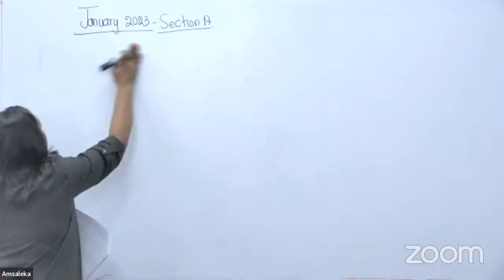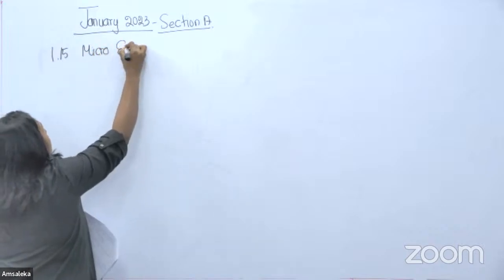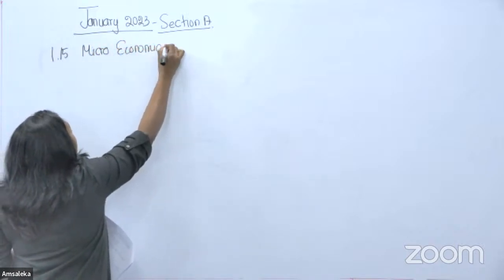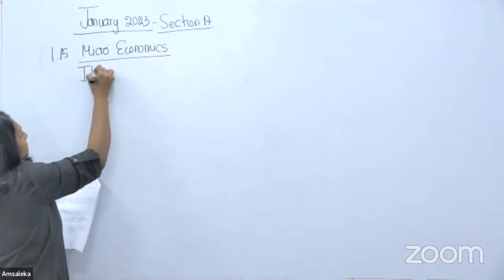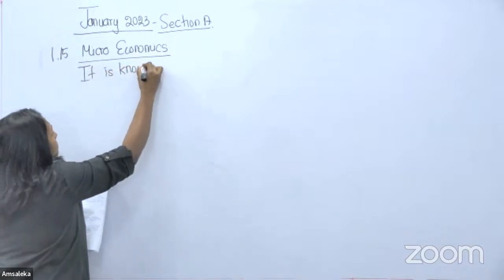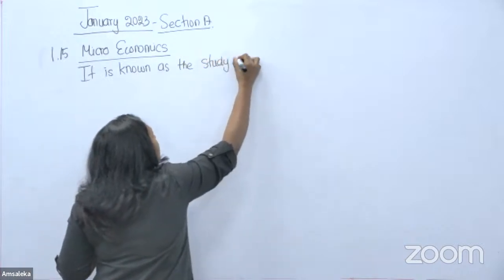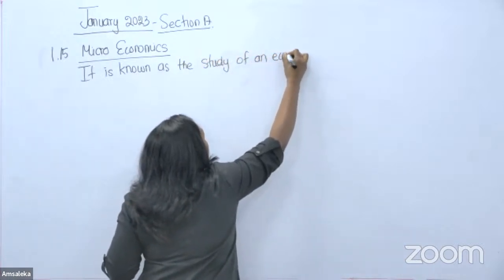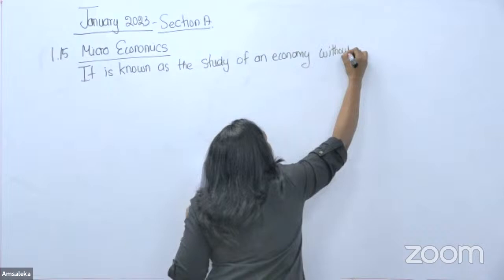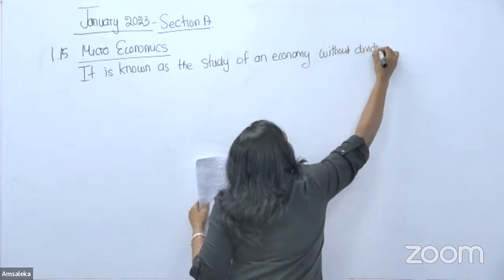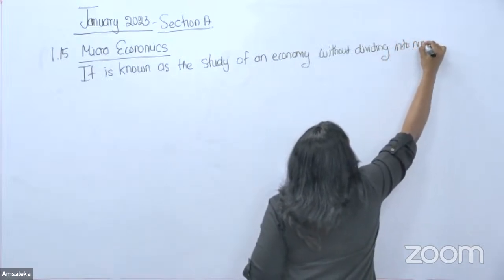So how can you start writing 1.15? One is about the micro. So what is microeconomics? We can say it is known as the study of an economy without dividing into number of parts.